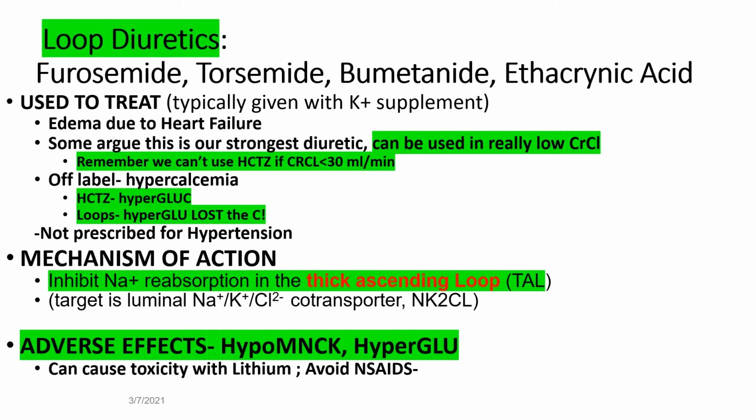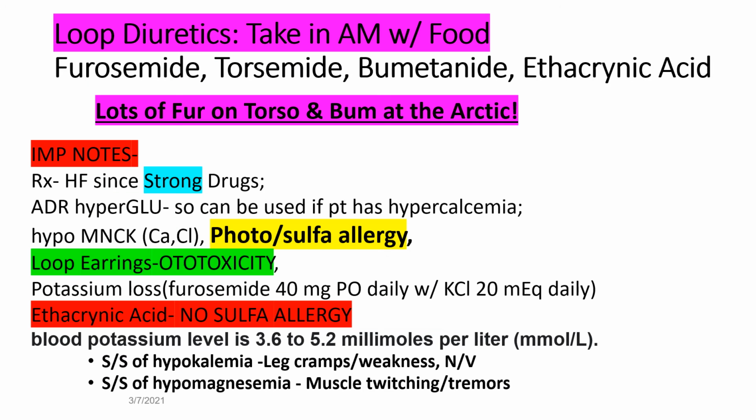Mechanism of action. It inhibits the sodium reabsorption in the thick ascending loop. All right. So mechanism of action is it inhibits the sodium reabsorption in the thick ascending loop, and that's why there is sodium loss. Adverse effects is hypo-MNCK and hypocalcemia. Loop diuretics are taken in the morning with food.